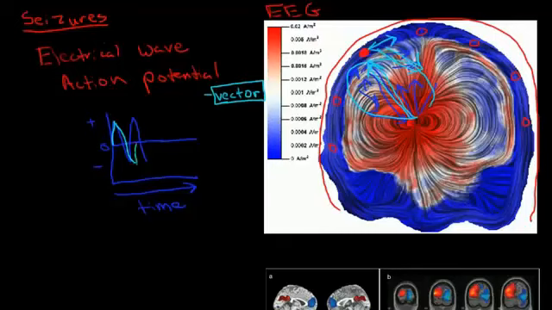So whenever you're looking at an EEG, you're looking at the average movement of action potentials, either towards or away from that electrode at any given moment in time. And then the EEG printout is going to be printing the movement of those vectors, or of those action potentials, over time.